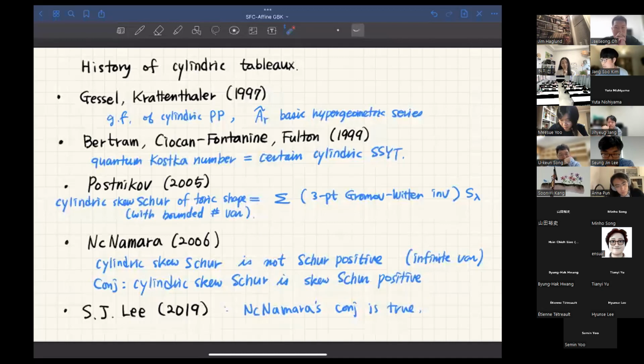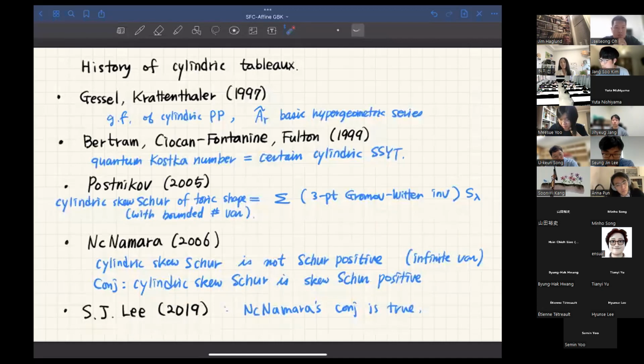Actually, skew-Schur functions do not form a basis, but we have a condition that we only look at skew-Schur functions contained in a certain rectangle, in that case we have a basis, and this was conjectured by McNamara, and Seung-Jin Lee proved his result. So cylindric standard Young tableau and semi-standard Young tableau have been studied previously by these people.